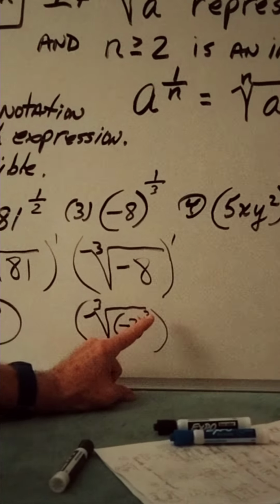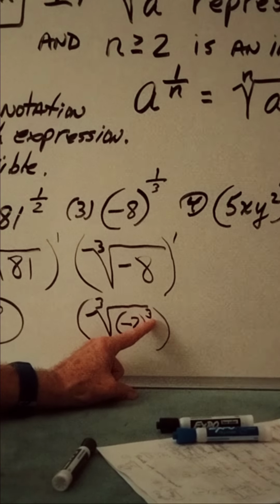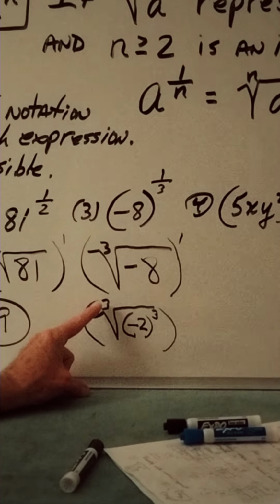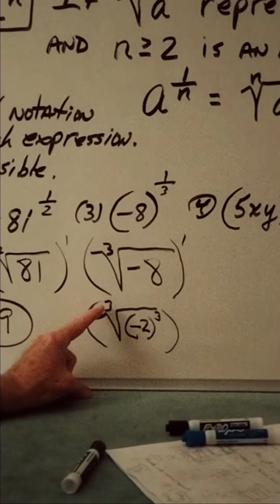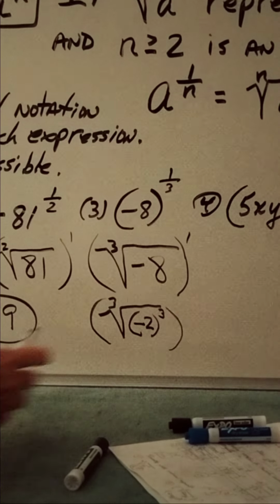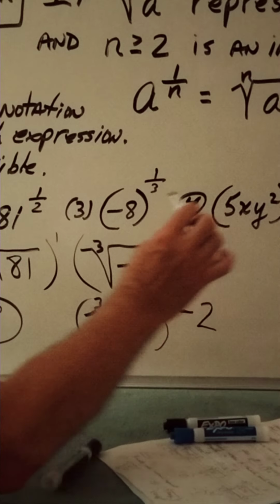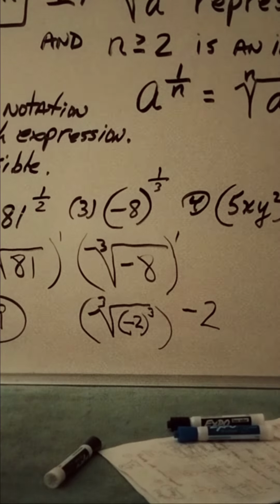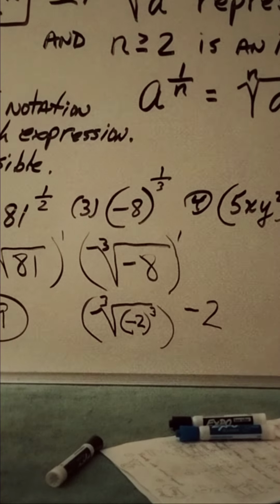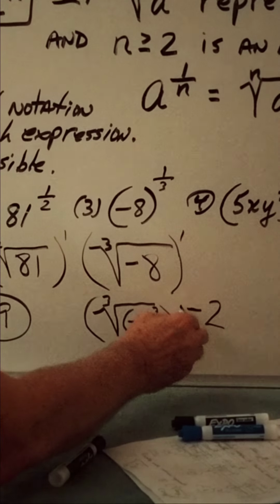And because this exponent in this radicand is evenly divisible by the index of this radical expression, we could simply bring down the negative 2, and if we divide this 3 by that 3, we're getting a negative 2 to the first, or just simply a negative 2.